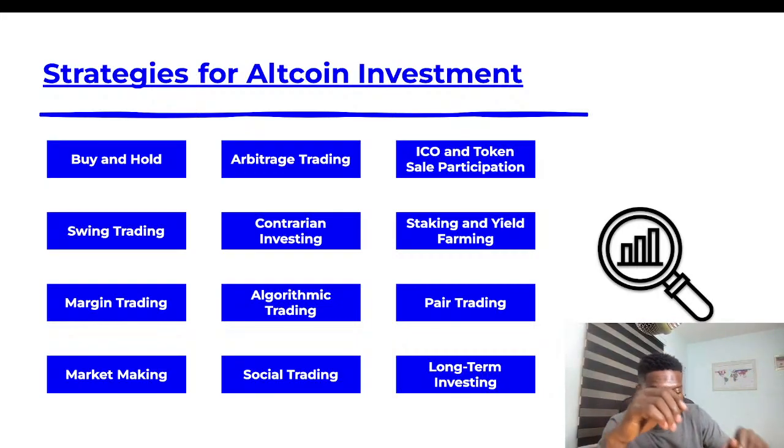Say you are buying a particular token at $100 and selling it on another platform at 105. That $5 is the difference and the profit that goes to you.